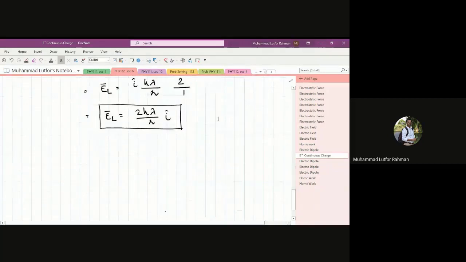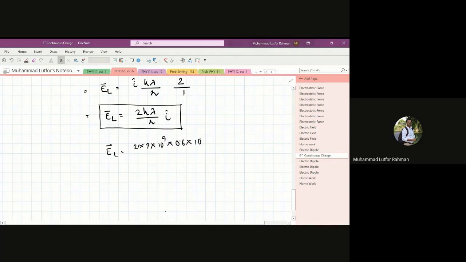So fine. Now I know the K, which is Coulomb constant, and I know the linear charge density, and I also know the X. So if I do that, I'll find out this E_L would be 2 into 9 into 10 to the power 9, and linear charge density is 0.6 into 10 to the power minus 6 divided by X, which is 4 meter, right?